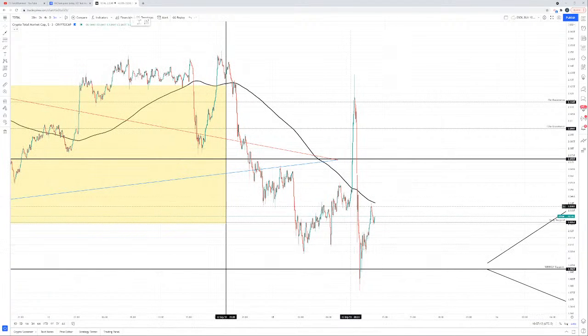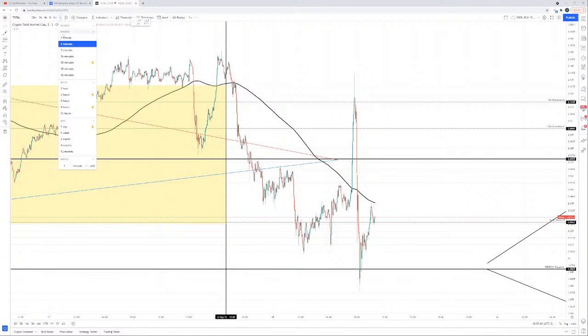So 3-minute 200 MA, still acting as our dynamic level of resistance. So we don't even have a confirmation on the 3-minute time frame that we're going to be bullish yet. We have a slight bounce off of the weekly support, but that's to be expected. I mean, it's nothing too crazy. If we start trading above the 3-minute 200 MA, then all right, now we're confirmed bullish on the 3-minute 200 MA.